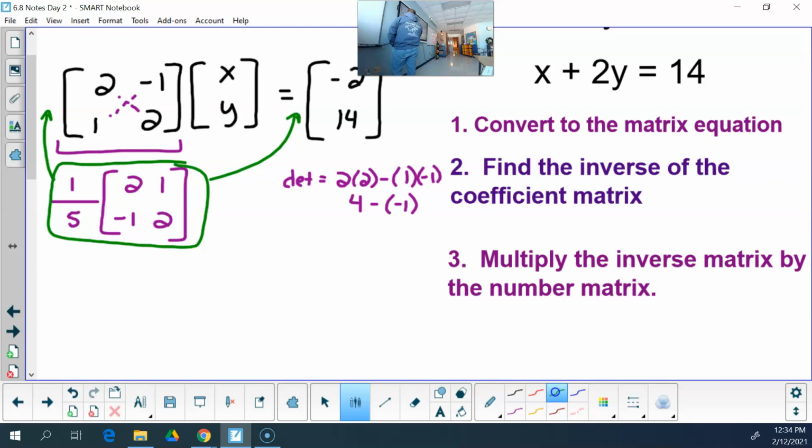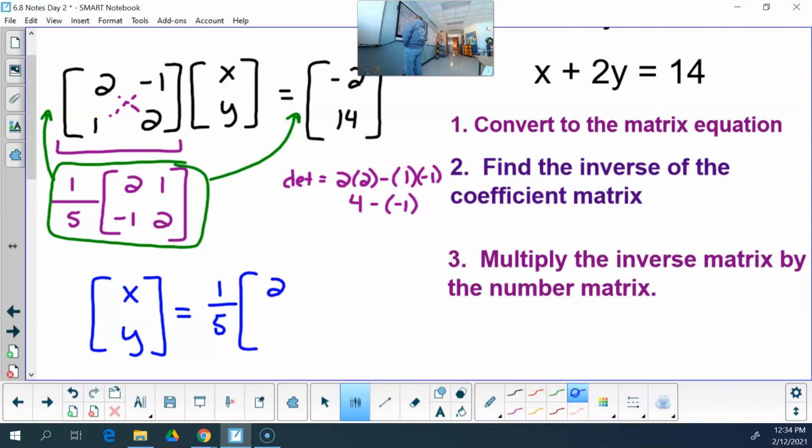So what's going to be left on the left side is just the variable matrix, and this is going to be 1/5 times the matrix 2, 1, negative 1, 2, and that is going to be multiplied by negative 2, 14.